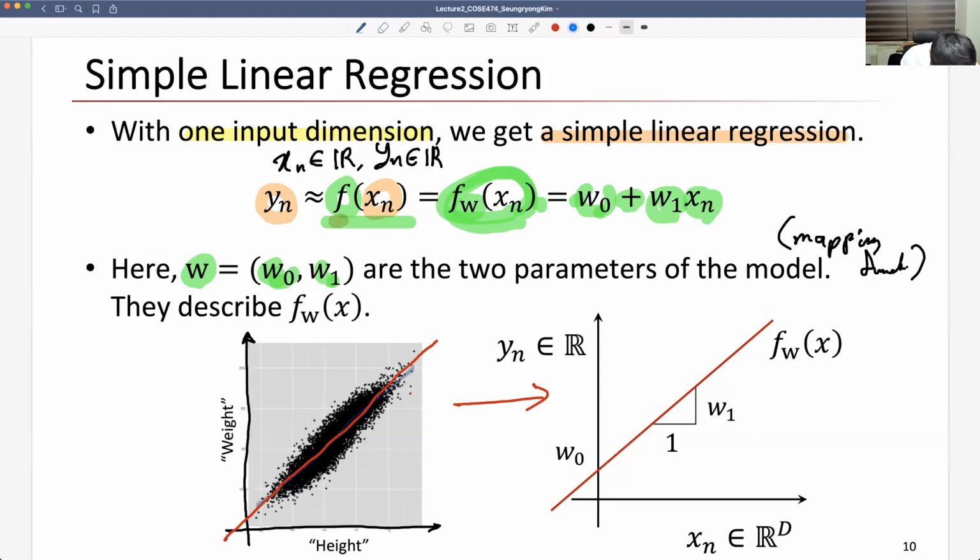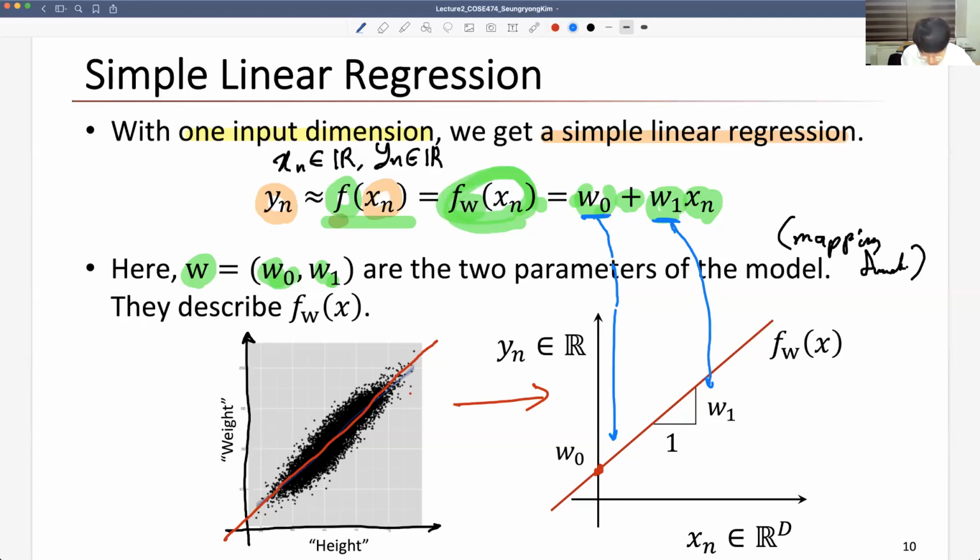In here, w0 represents the intersection of this straight line with the y-axis, and w1 represents the slope of this straight line, right?